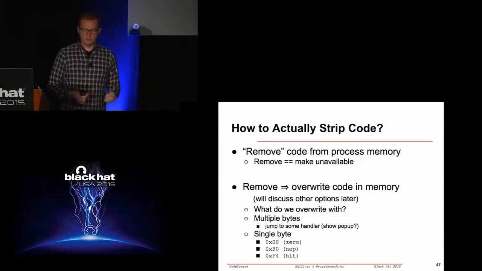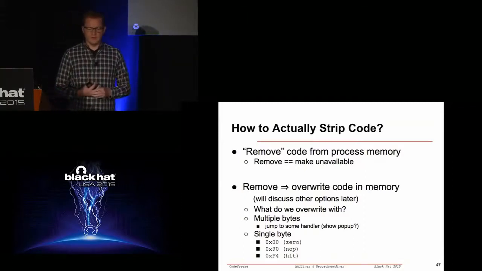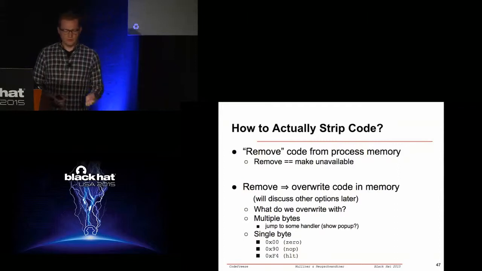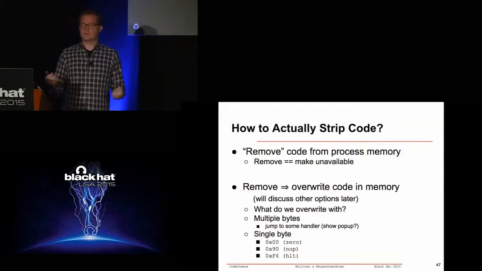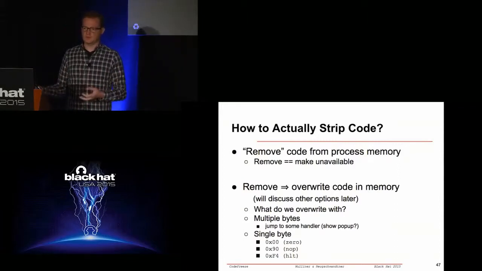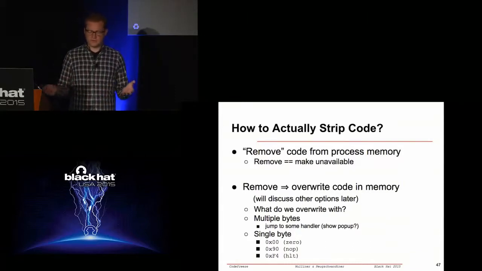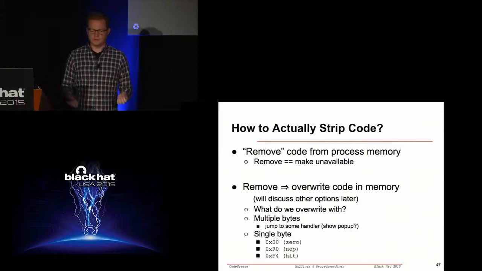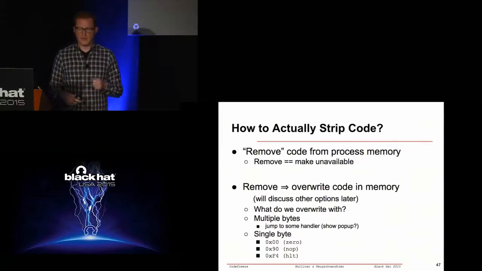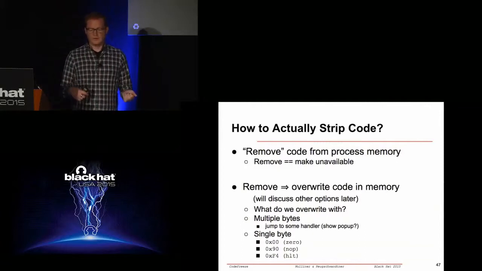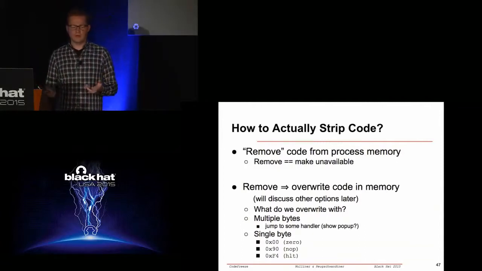So how do we actually do code stripping? Basically we want to remove code from the process memory, and with remove we really just mean make it unusable so that you cannot call that code anymore. For this implementation, remove really means overwrite the code in memory, and we'll discuss later why we are overwriting it. So then we thought, okay, what should we overwrite the code with?